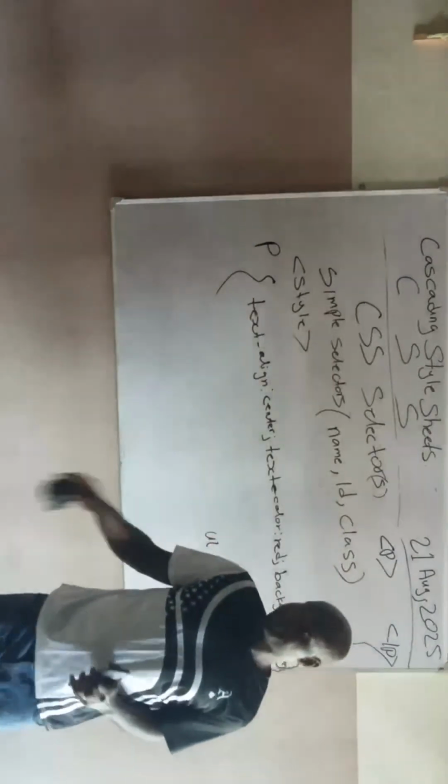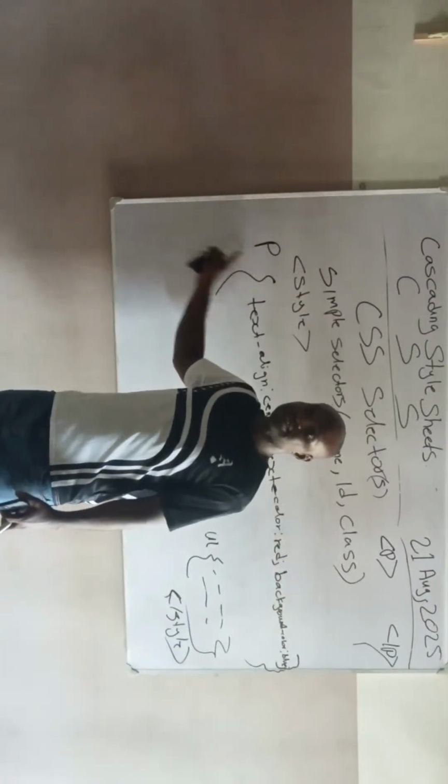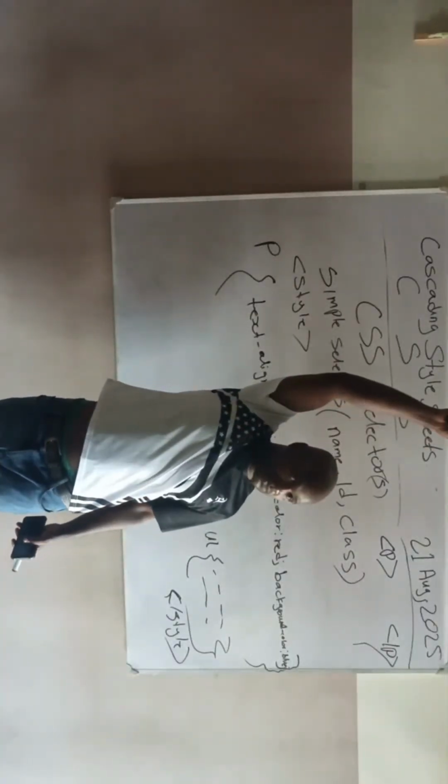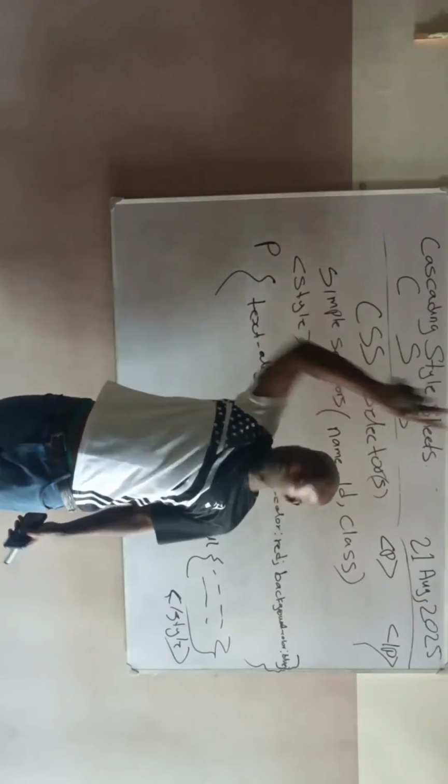Any questions so far? So this is just selecting by what? Name. The only issue with this is that all, what did I say? All the elements with this name.